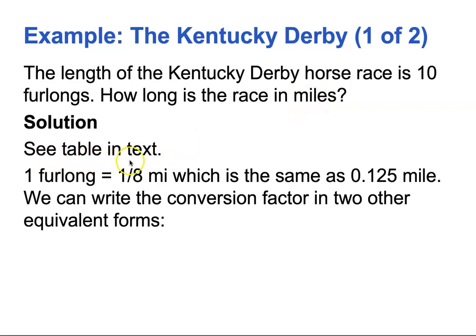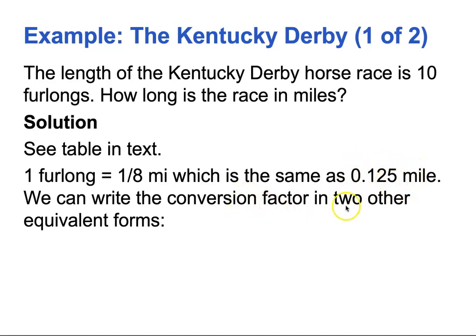There's a table in the textbook, and you have textbook availability through MyLabs Plus, your e-text. 1 furlong equals 1/8 of a mile. This would be really good to have in your notes, so if you have it in your homework or on your test, you can have that conversion ready. 1/8 is the same as 0.125. So this is 1 furlong equals 0.125 miles.